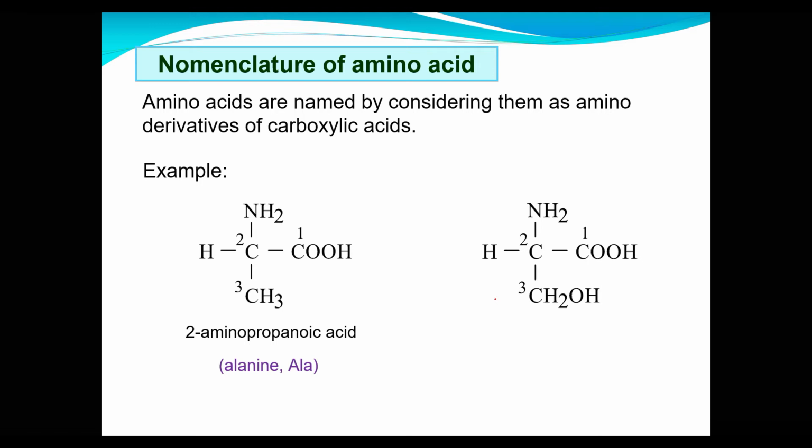So this structure will be named as 2-amino-3-hydroxypropanoic acid. 2-aminopropanoic acid is also called alanine. And 2-amino-3-hydroxypropanoic acid is also called serine. These are the common names of the structures.